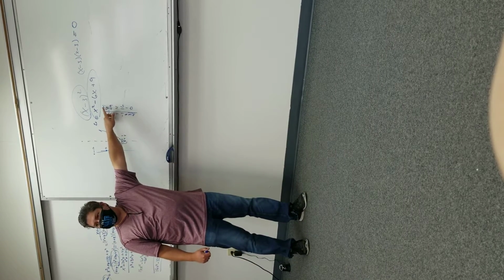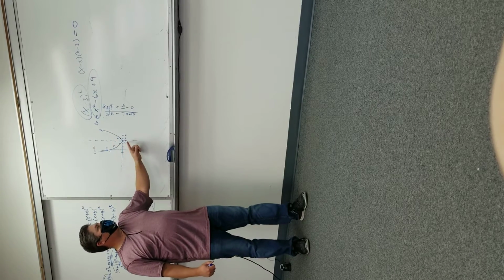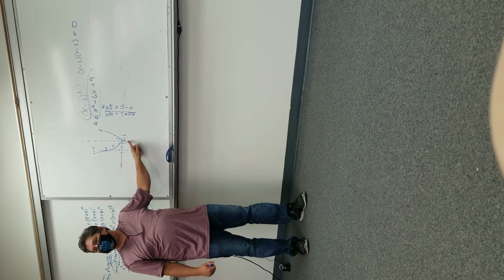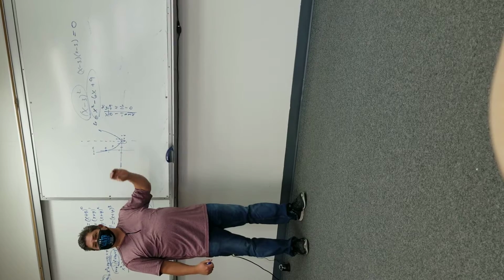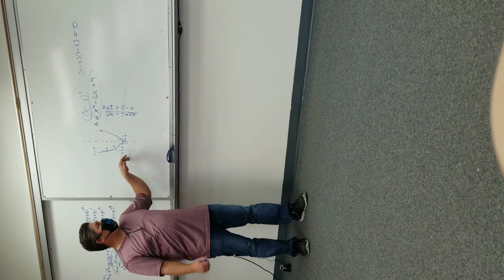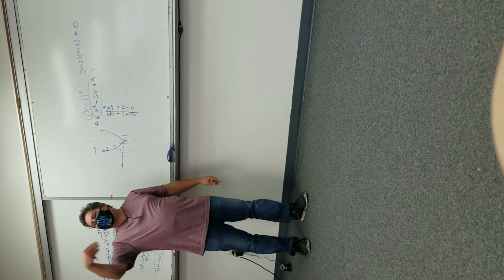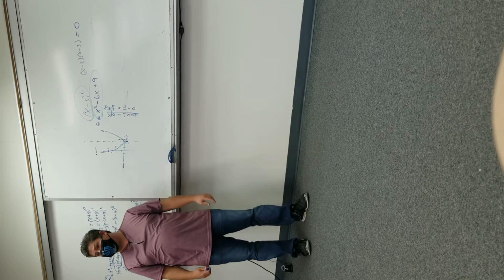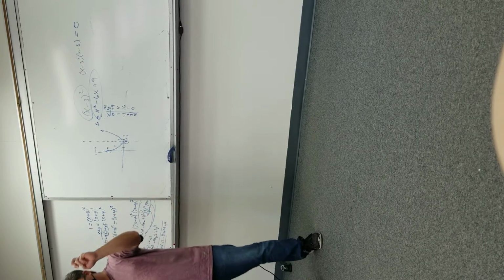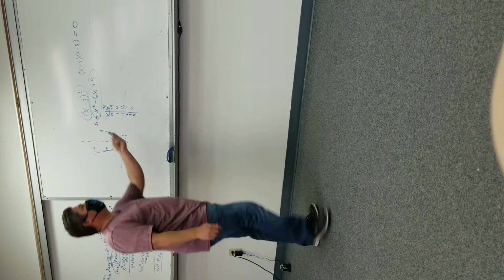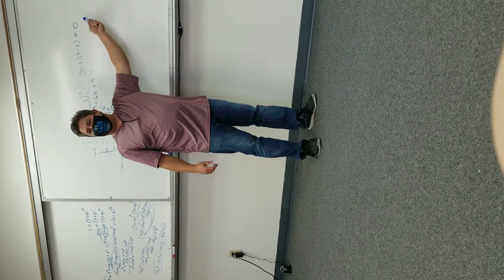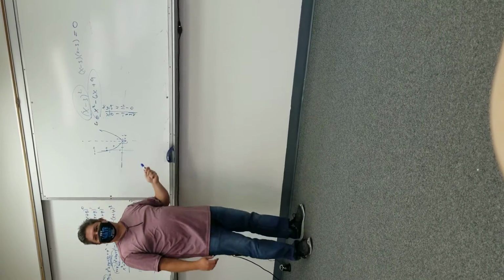What is the y value at 3? At 3, what's the y value? 0. So anytime it crosses the x-axis, we call it a 0. Guess what else we call it? It's the solution. Because if I set the equation equal to 0 and solve it, this is the solution.